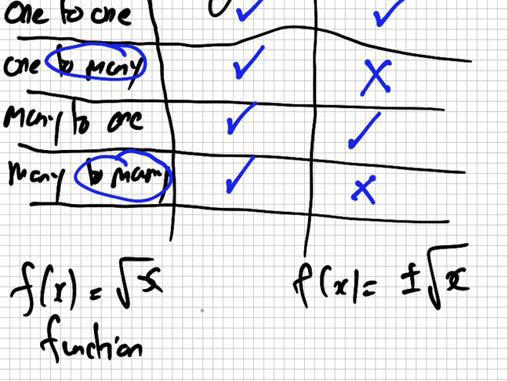So this is 1 to 1. So we can call it a function. If I put 9 in here, what do I get? Plus or minus 3. This is 1 to many. Therefore, we should not call it a function. We can call it a mapping, though.